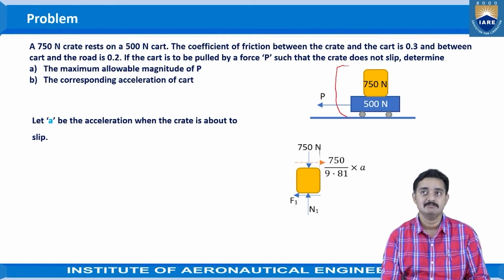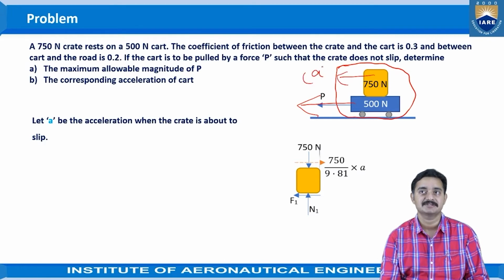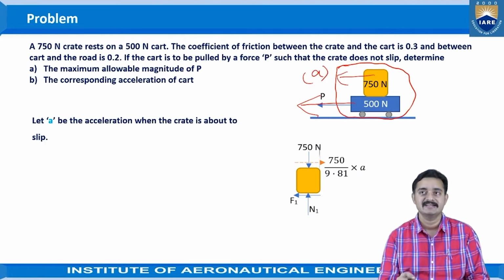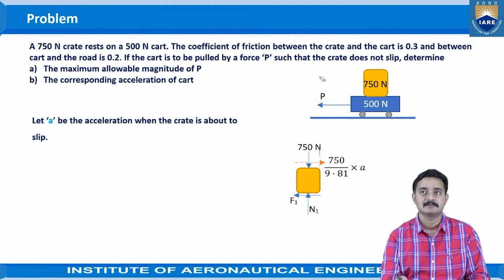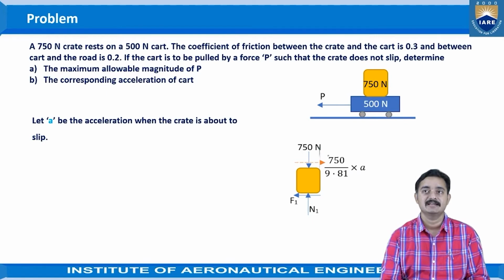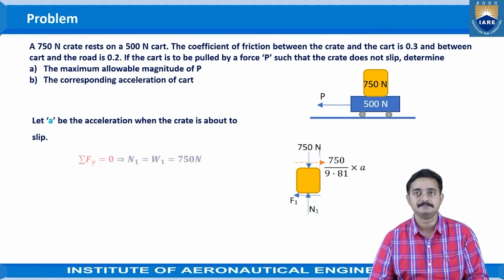When you consider the movement of the total body, the object is traveling in the left side direction, so the acceleration happens in the left side direction. That's the reason the inertia force is considered towards the right side direction. That's how the free body diagram is drawn here.